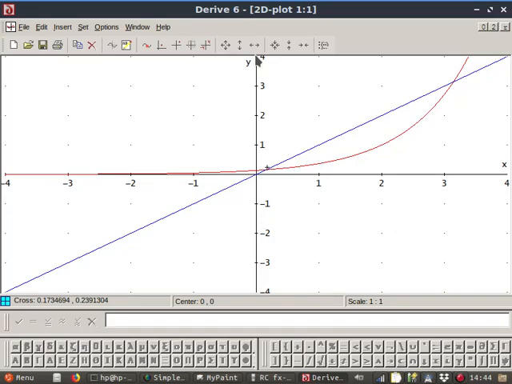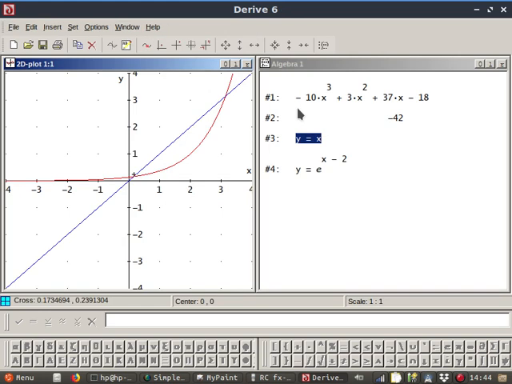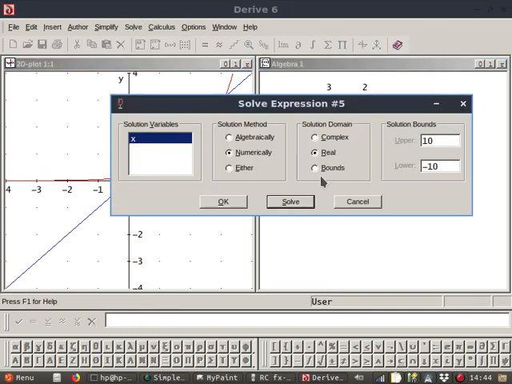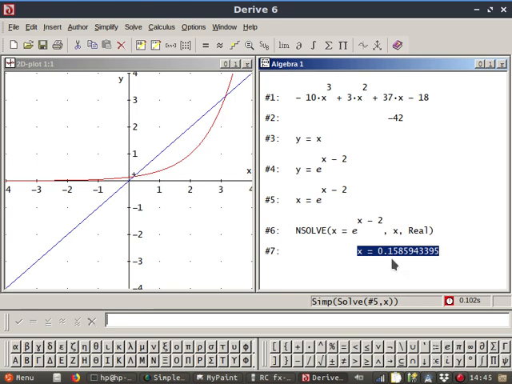Let me ask the computer to solve it. So I'll say x equals e power x minus 2, solve. 0.15859.